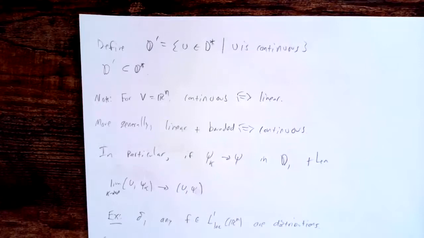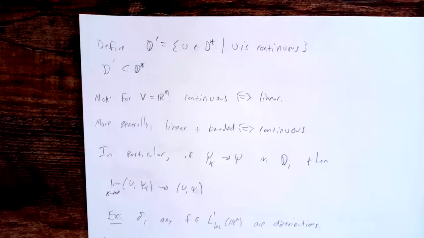That's the definition of being a distribution, yes. With D being the space of test functions. So you fix a domain omega, then you look at the space of test functions, then you look at the dual space, then in that dual space, look at those elements that are continuous. That's the space of distributions.